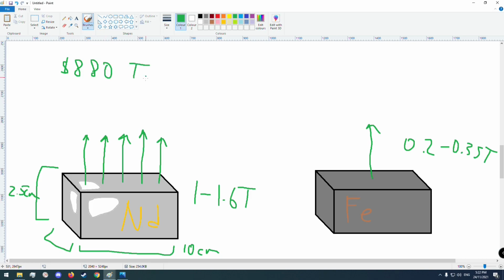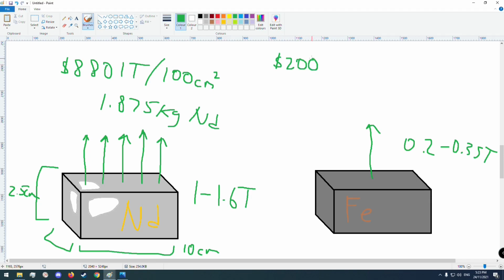$880 for 1 Tesla across 100 square centimeters. This also requires about 1.875 kilograms of neodymium magnet. On the other hand, a ferromagnet requires about $200 because it needs 5 times the surface area.